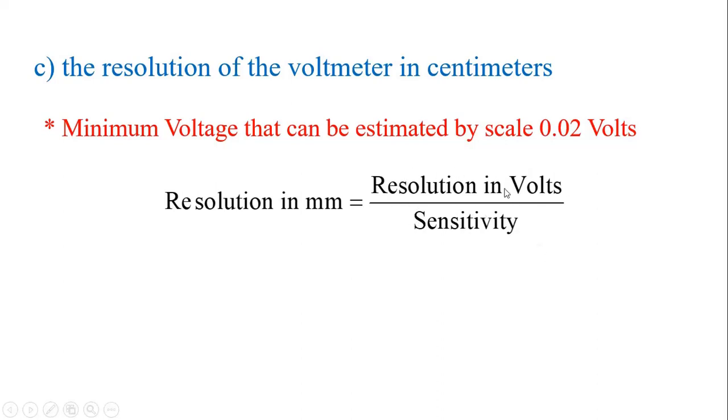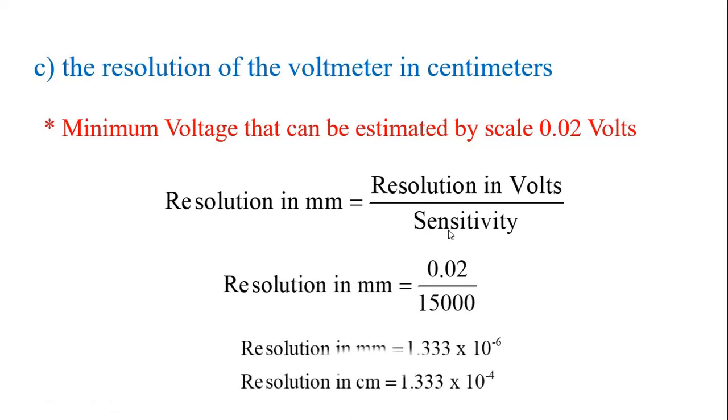Now this is in volts, this is in volts per mm, and the final answer you get is nothing but in mm only. That is the resolution in mm. Means you have to divide this by 15,000, and you will get the final answer, that is 1.33 into 10 to the minus 3 mm.